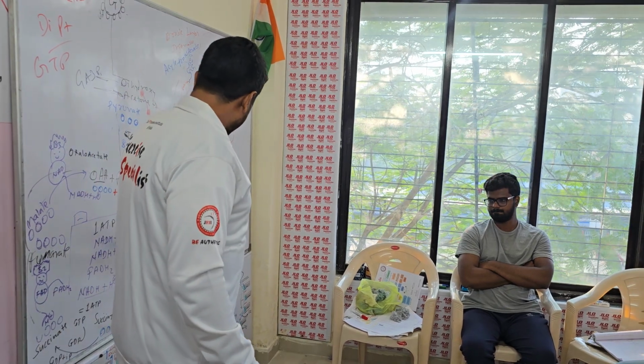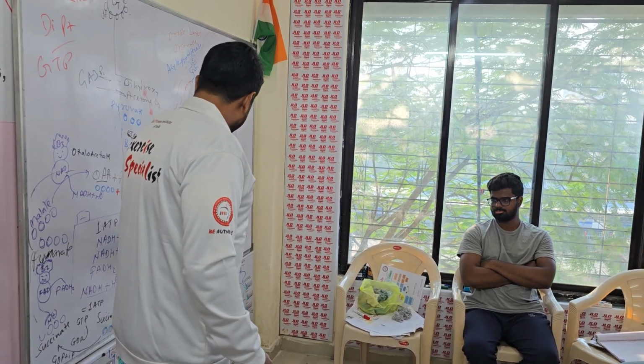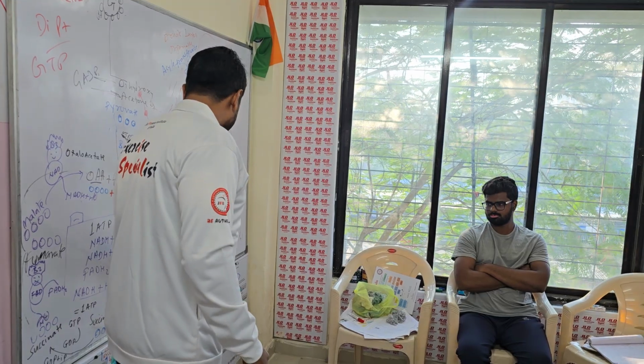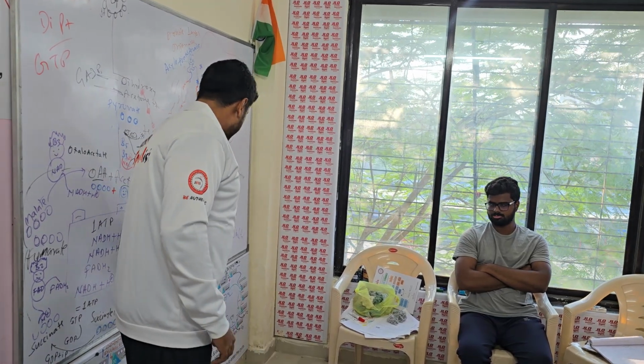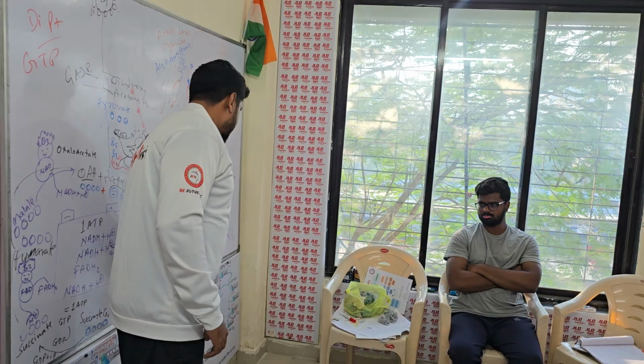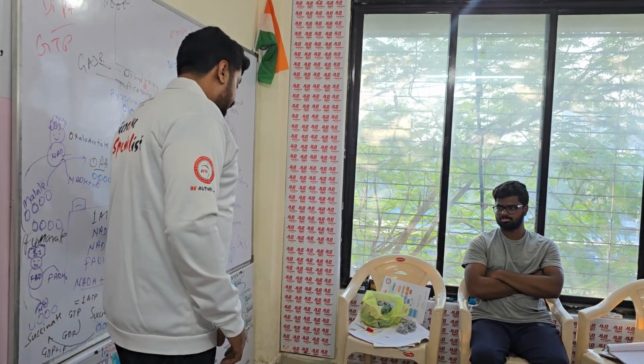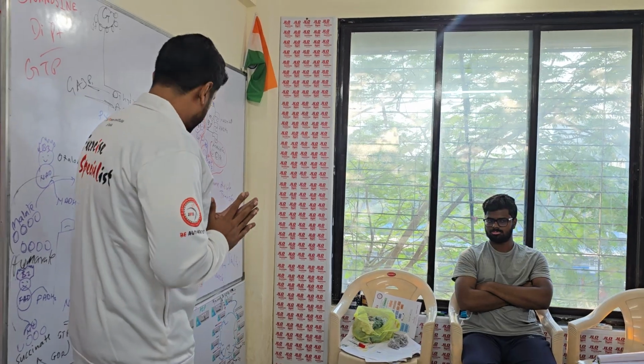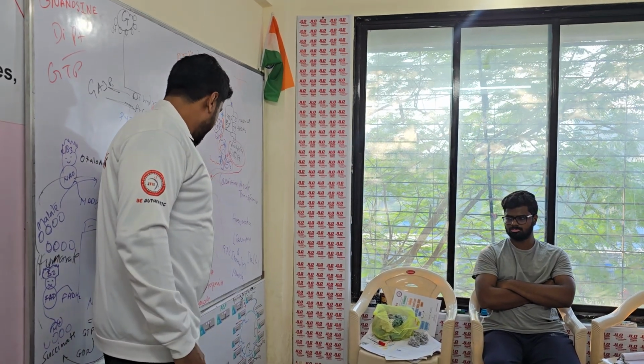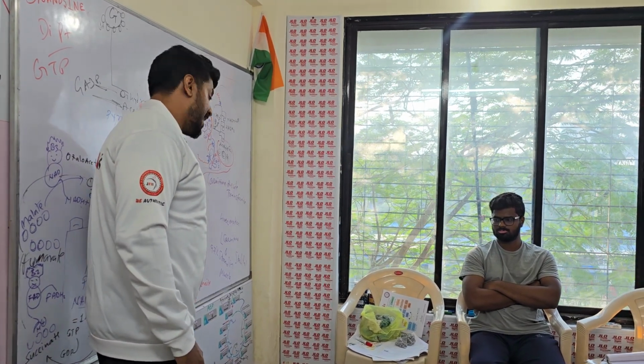Now this citrate will become isocitrate, and from there an enzyme named isocitrate dehydrogenase will remove one carbon and release one hydrogen. So what is present there? There is B3, which is NAD.